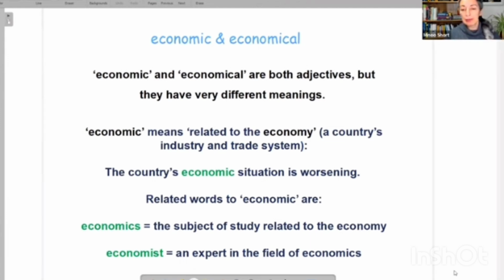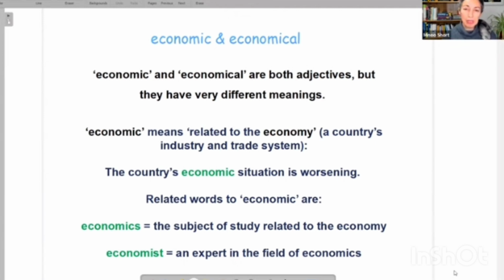Economic means related to the economy, which is a country's industry and trade system. For example, the country's economic situation is worsening. There are two related words to economic, which are important for you to know and use correctly, and these are economics, which is the subject of study related to the economy, and economist, which is a person, an expert in the field of economics.